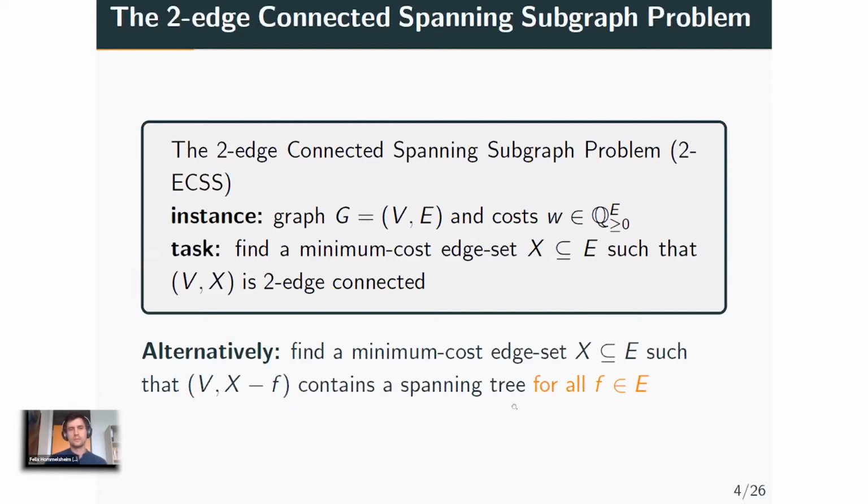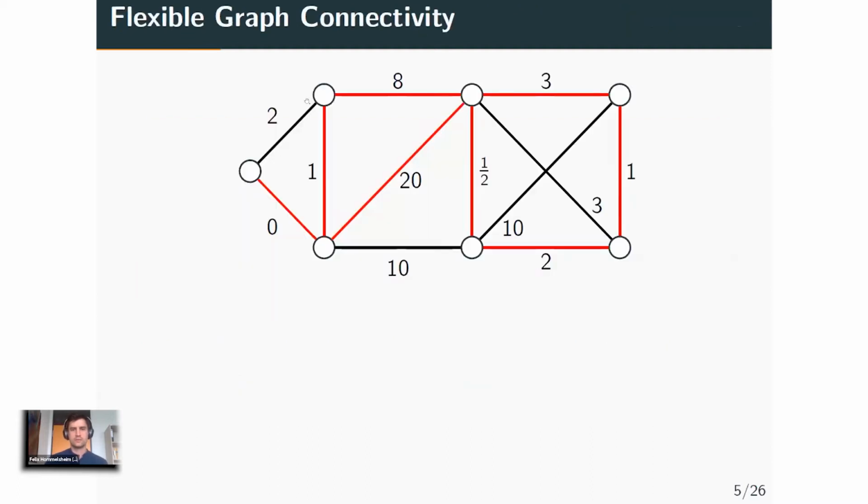And the problem that we consider generalizes this alternative formulation, and we say that we don't have to fulfill this for all the edges, but only for a subset of the edges. So the problem we consider, we call it flexible graph connectivity. Here we also have a given graph and edge weights. And additionally, we partition the edge set into safe and unsafe edges.